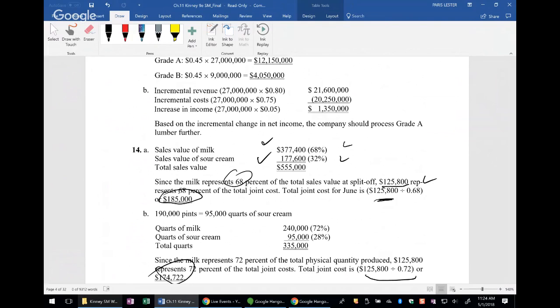So now let's see if you could do anything with number 15. All right, this company produces 3 products from its fish farm: fish, fish oil, and fish meal.